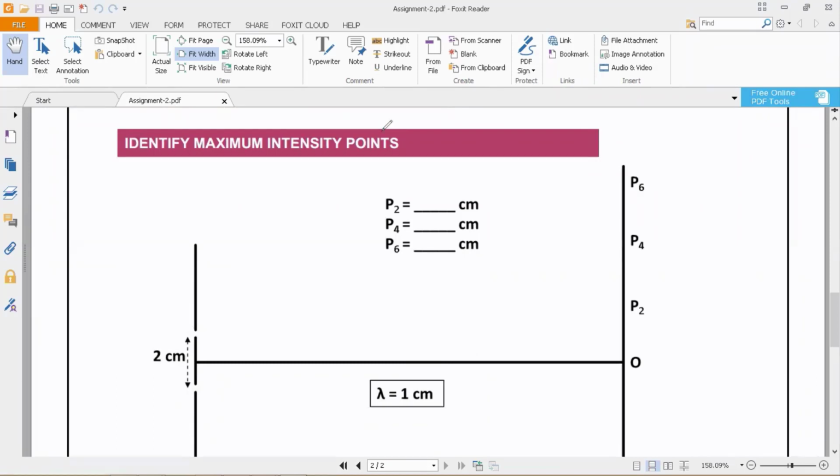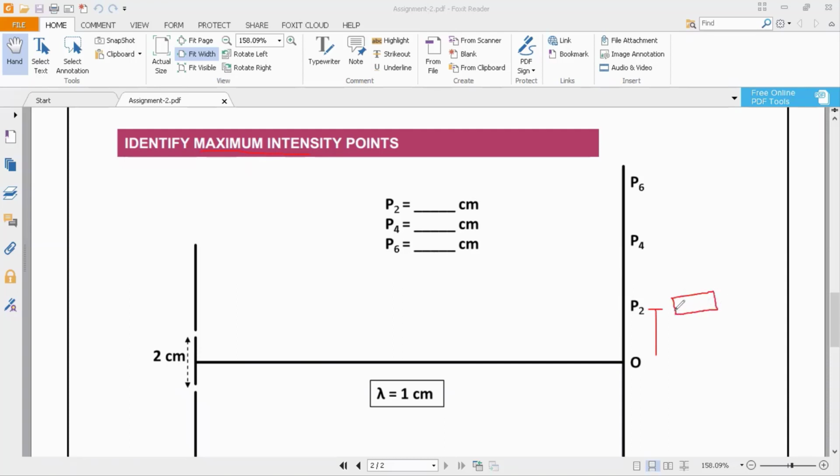Here, what you have to do is identify the maximum intensity points. If you take Young's double slit experiment, two sources and this is the screen, I want to find the height of point P2. P2 is the first bright fringe, since maximum intensity means the first bright fringe.